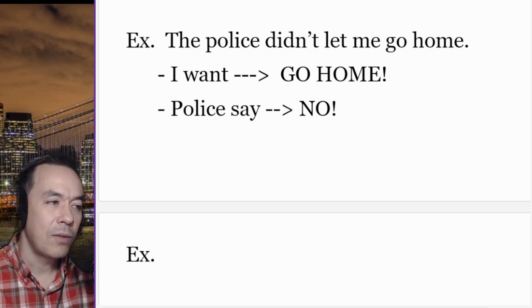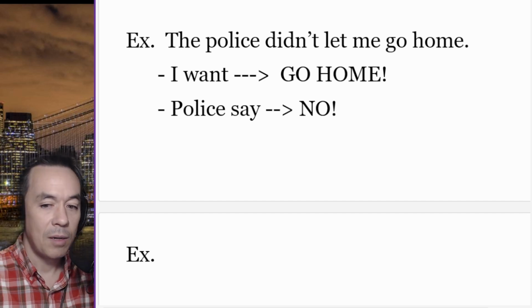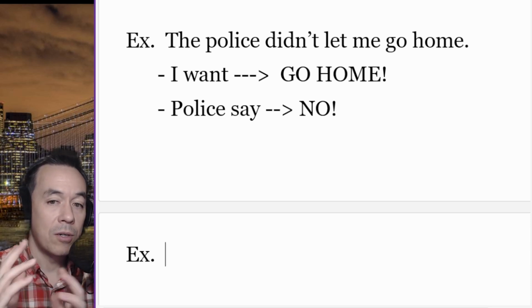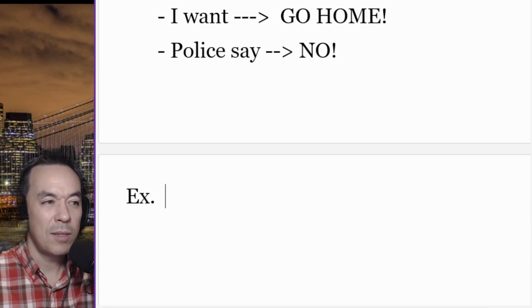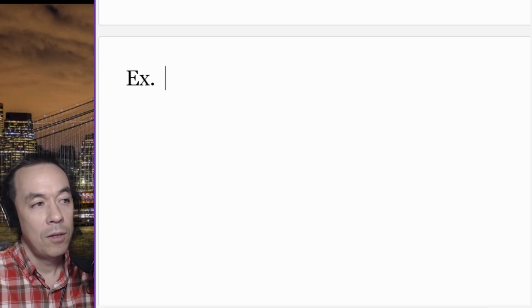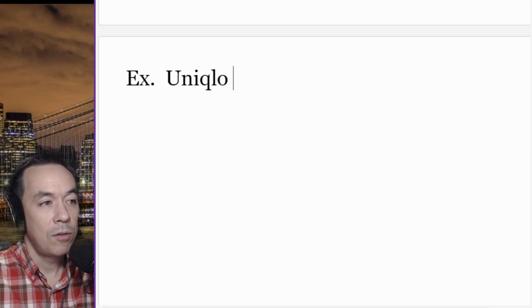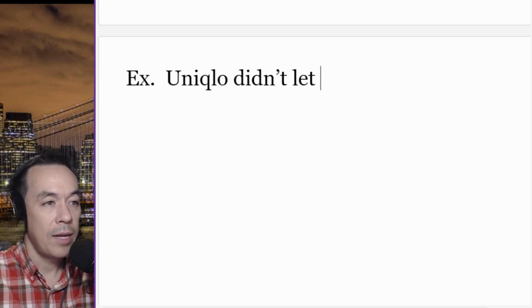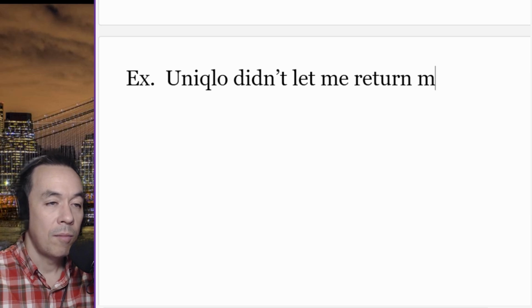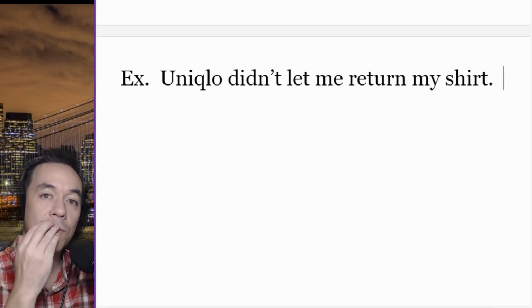But often a textbook talks about my mother, my father, my boss, these pretty easy power systems or control systems. Let's use a more normal case, like Uniqlo didn't let me return my shirt, for example.